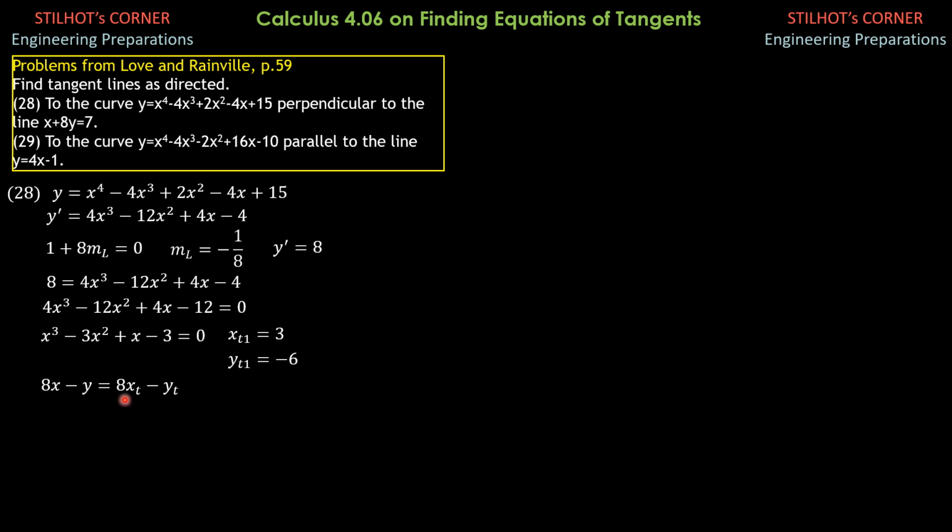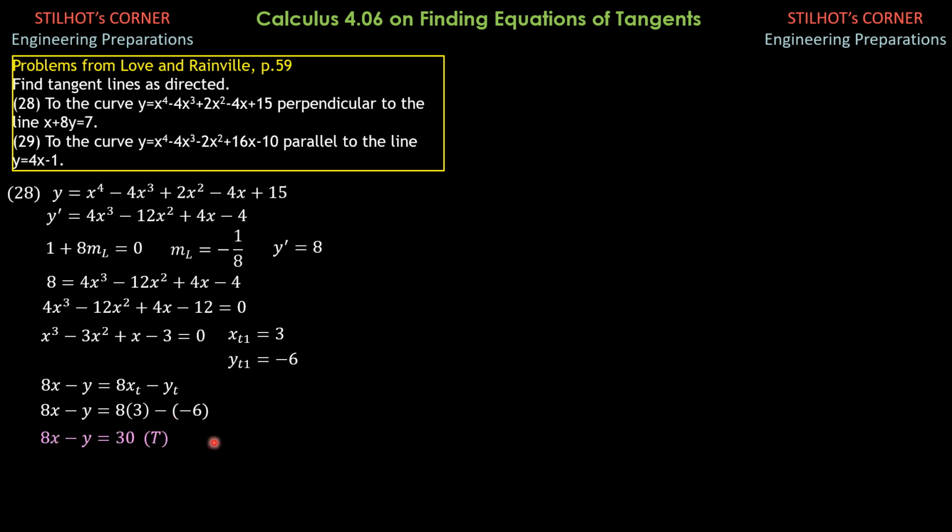There's only one point of tangency, (3, negative 6). Substitute into this equation: 8x minus y equals 8 times 3 minus negative 6. Simplifying, the only equation of the tangent is 8x minus y equals 30.